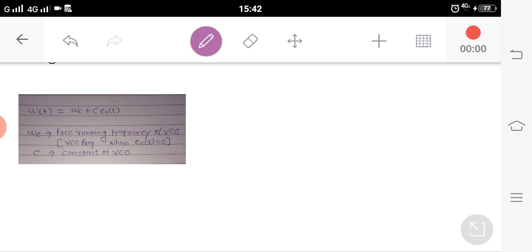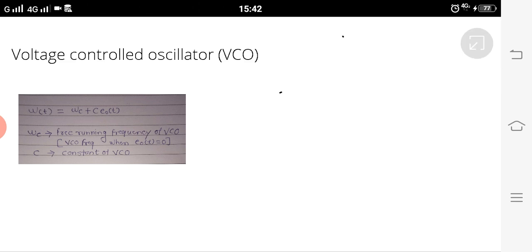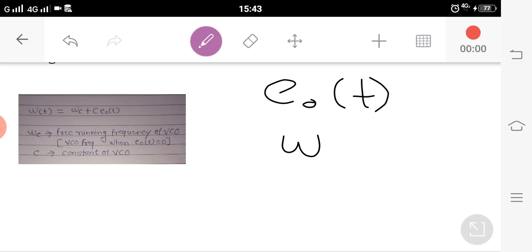Its output is a sinusoid of frequency omega of t, which is given as omega of t equals omega c plus c E naught of t.